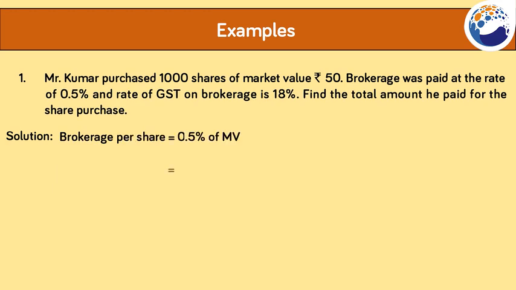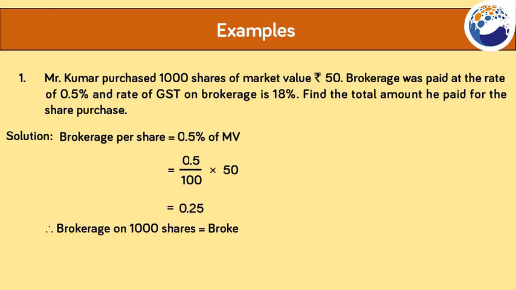Brokerage per share is equal to 0.5% of MV, that is 0.5 upon 100 into 50 is equal to 0.25. Brokerage on 1000 shares is equal to brokerage per share into number of shares purchased, which is 0.25 into 1000 is equal to rupees 250.